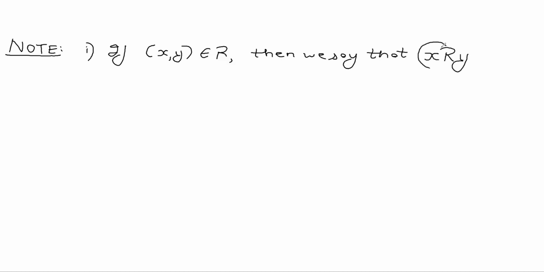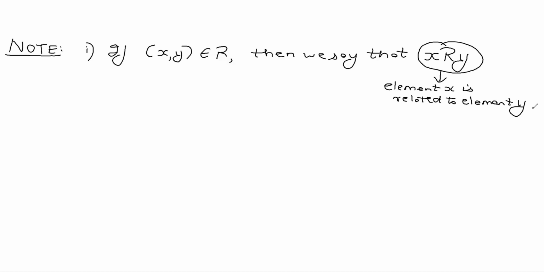What does this mean? This means that element x is related to element y. If x comma y belongs to R, we say that element x is related to element y. Okay.